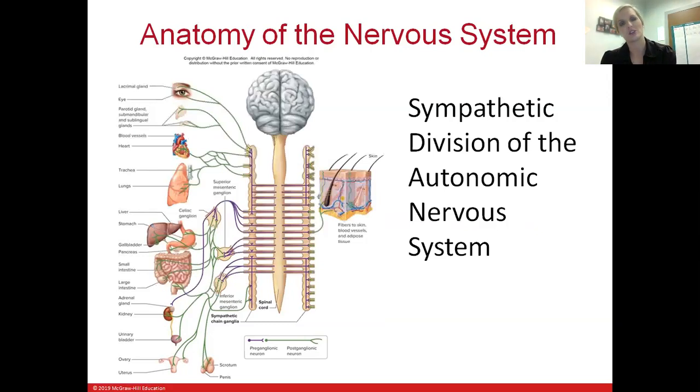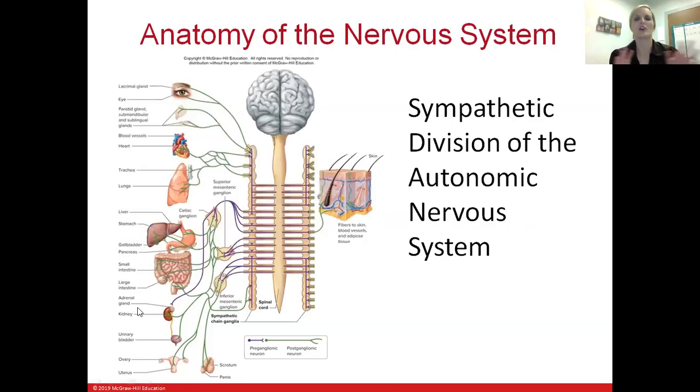So digestion is slowed down, and the creation of urine is slowed down in the kidneys. Sometimes, depending on how scared we are, involuntary control of our bladder, our urinary sphincters, releases and sometimes causes that to happen. But the process of the kidneys filtering out blood is going to actually slow down.